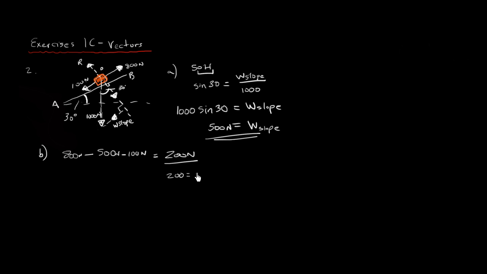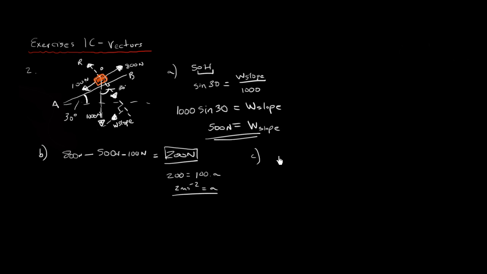A very light car. 100 for the mass, and the acceleration would be 200 divided by 100, which is just 2 meters per second squared. That's how fast it would be accelerating going upwards, given that we know that this is the resultant force. They don't ask us to calculate that, but I'm just doing it so you know that it can be done, and they could ask us to do it if they wanted.